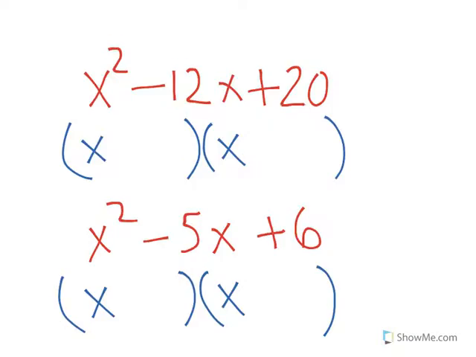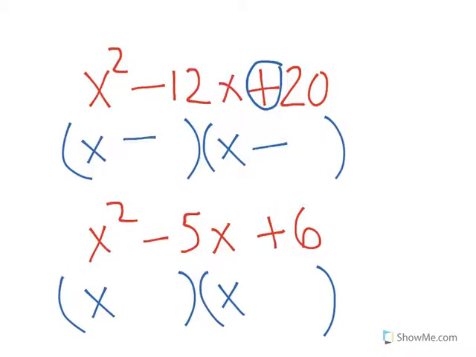So here we have a different pattern, and the pattern here, really important to look at and see, is we've got a plus here. So the numbers are either going to have to be plus here, or alternatively, minus here and minus here.